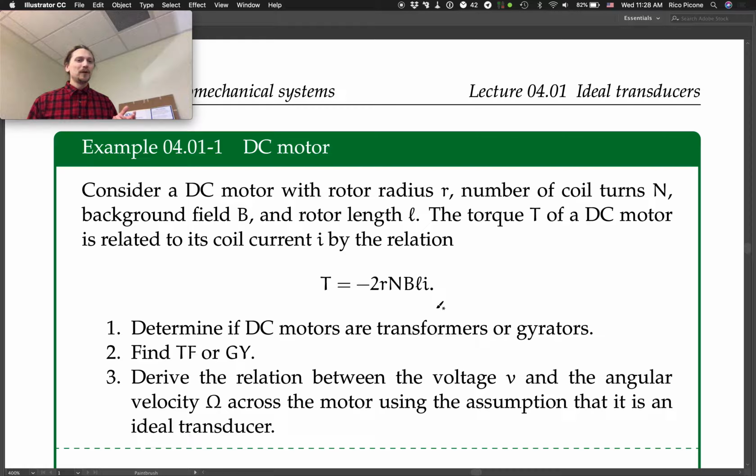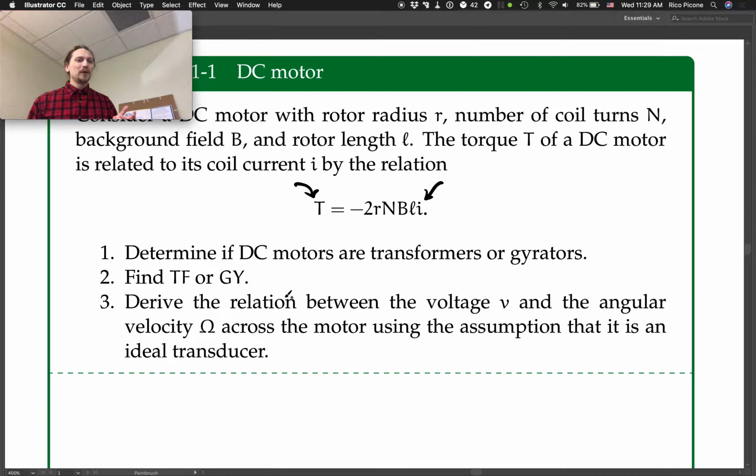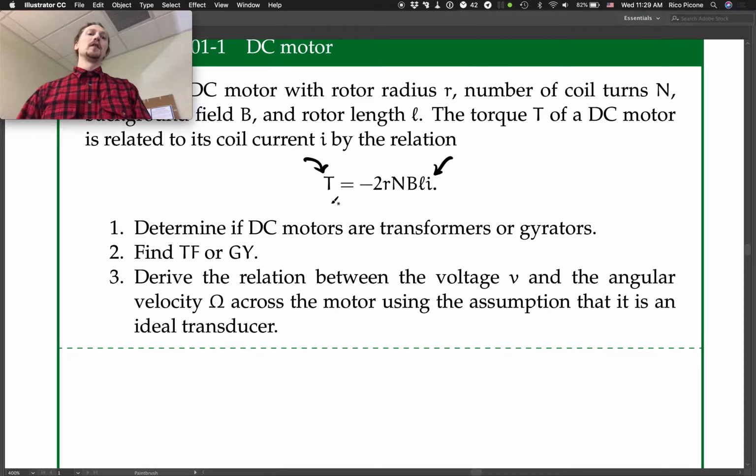This relationship includes R, the rotor radius, the number of coil turns N, the background field B, and the rotor length L, and it relates the current through the windings to the torque in the shaft of the motor. We'll talk more about how these motors work later, but I'm just giving you this relationship for now.